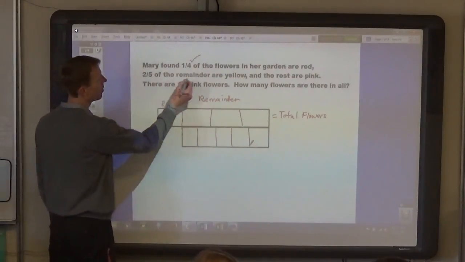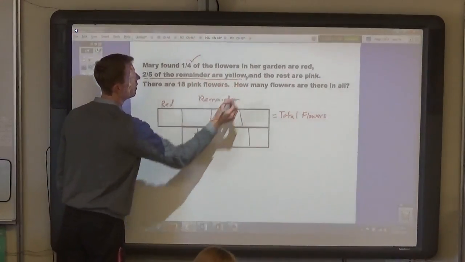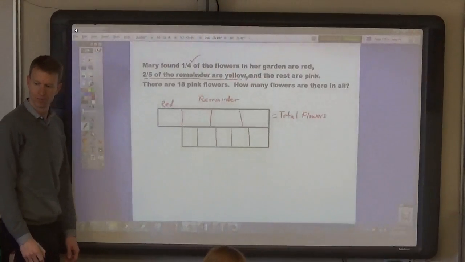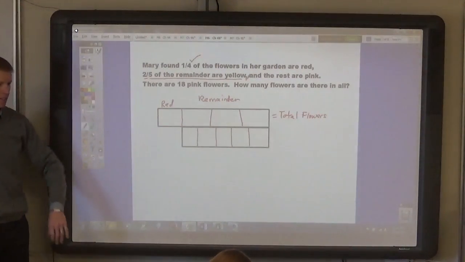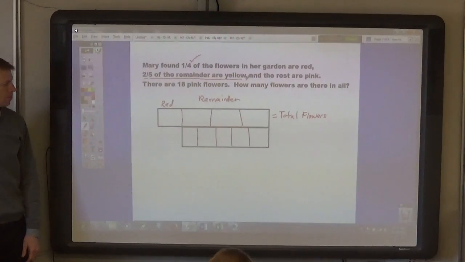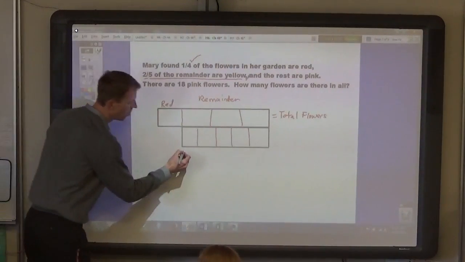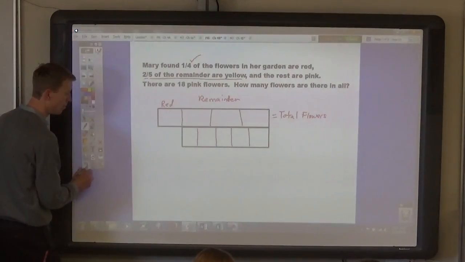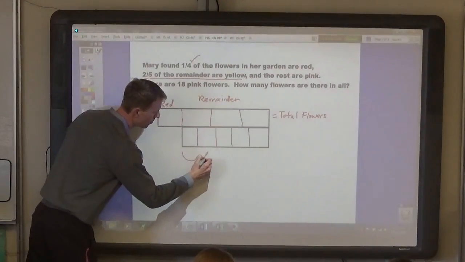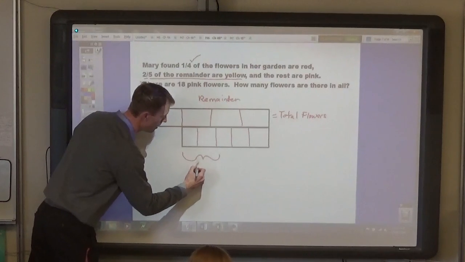Two-fifths of the remainder are yellow. So if you labeled this box red, then we should label, oops, only 2, this box yellow.